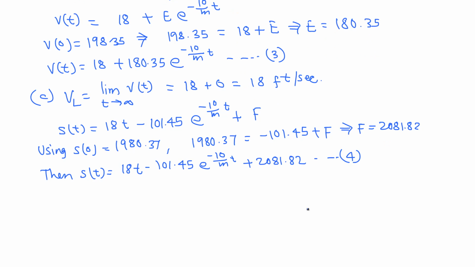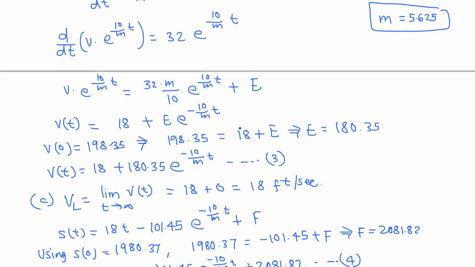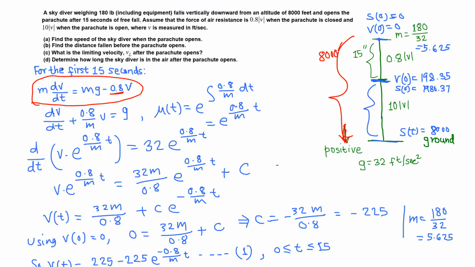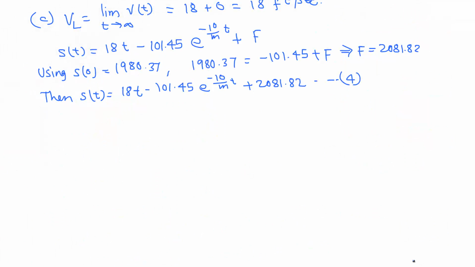Now if we go up and read the question, part D was to determine how long the skydiver is in the air after the parachute opens. So after opening, that's the second part, how long he is in the air after the parachute opens. On the ground means the height was 8,000, so we set the height equals 8,000 and solve for t, and that's the time the diver stays in the air.